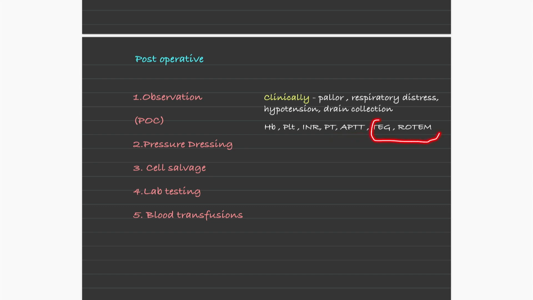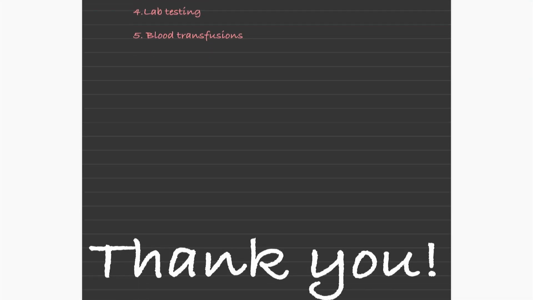We can make use of TEG-ROTEM in transplant surgeries, especially in liver transplant surgeries. We have to use a pressure dressing. We can use cell salvage if the facility is available and if the patient has a rare blood group. Lab testing can be done and blood transfusion can be done post-operatively. So these are the blood conservative measures.